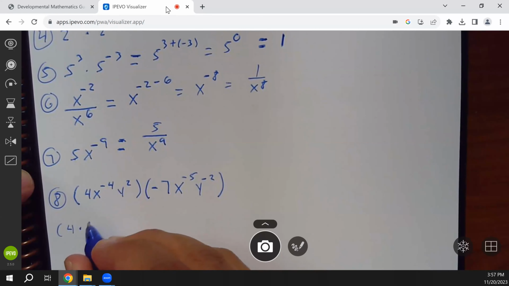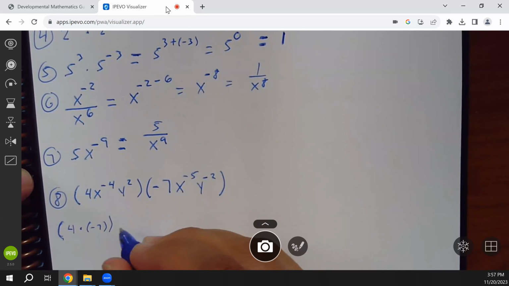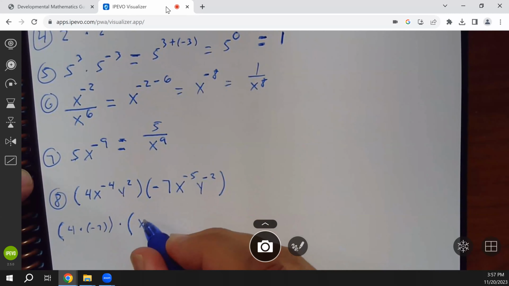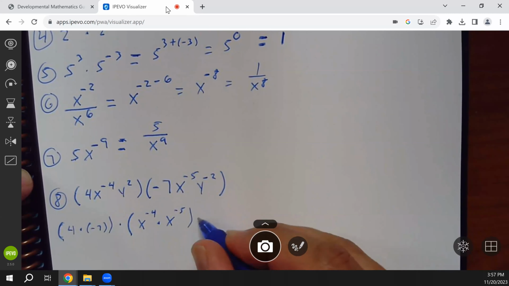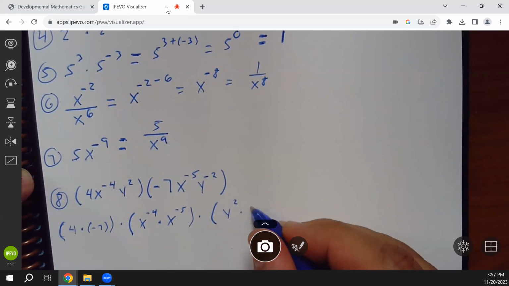4 times -7, times x to the -4, times x to the -5. You don't have to do this, it's just so you can see it.